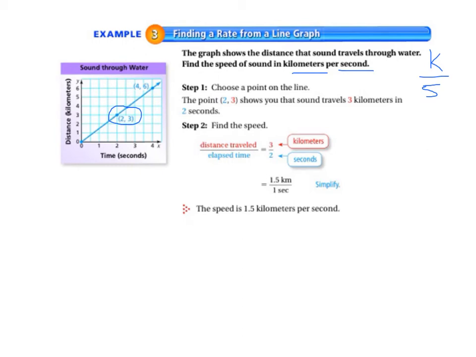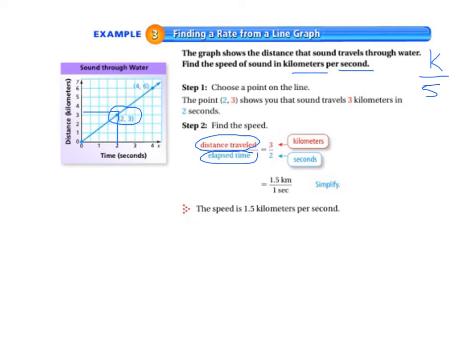So we learned that just by looking at the graph, because that point on the line is at 3 kilometers and 2 seconds. Now we need to find the speed. So we can find that speed by the distance traveled over the elapsed time. So it's kind of the same as the last problem we did where we're looking at the change.